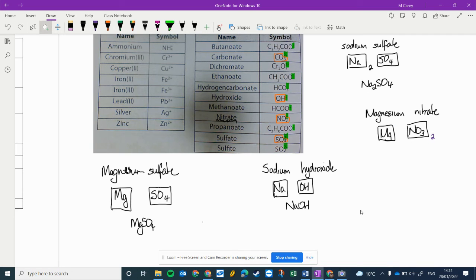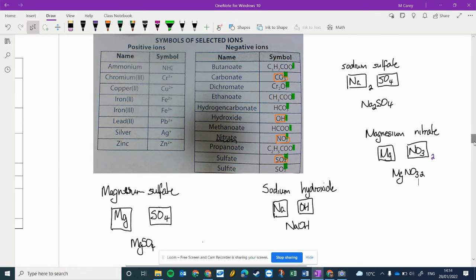Okay, so now what do we do? So let's have a look. What have we ended up with? MgNO3 2. Okay, that's kind of weird. So we're trying to say that we have two nitrates. So if we have two of these ions called molecular ions, we need a bracket around just to show that we've doubled the whole thing. So we're going to just put a bracket here for that. So that shows that you've twice what's inside the bracket.